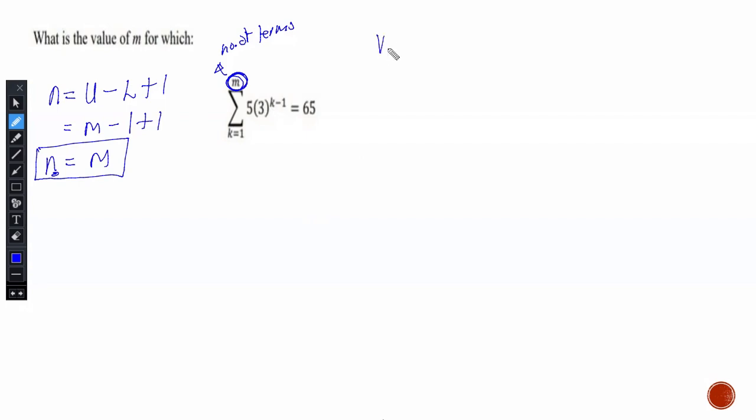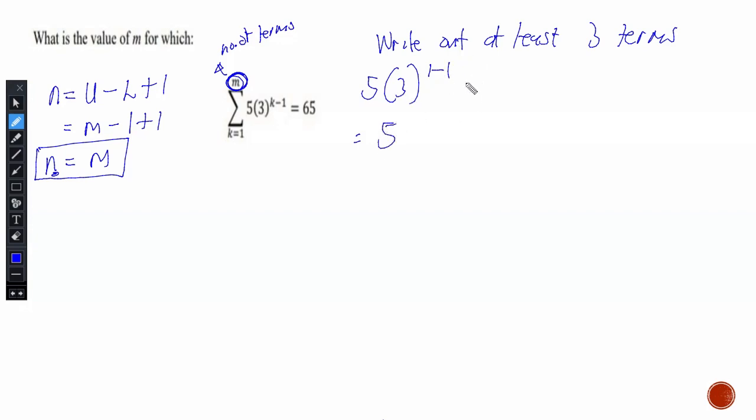Number 1, write out at least 3 terms. Right. So 5, 3, and then your k starting from 1. 1 minus 1. Now 1 minus 1 is 0, 3 to the exponent of 0 is 1, and then our first term will be 5.